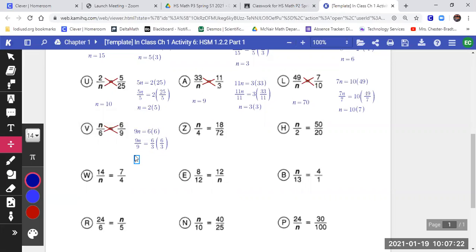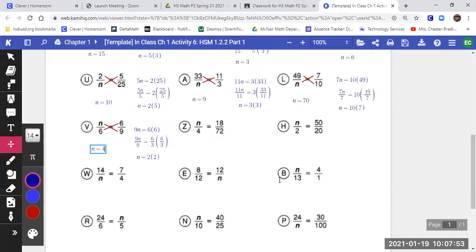So what is 6 divided by 3? 2. So both of those say 2. So it's going to say n equals what? 2 times 2. Thank you. For a final answer of n equals 4. Do not jump the 2 times 2 step.